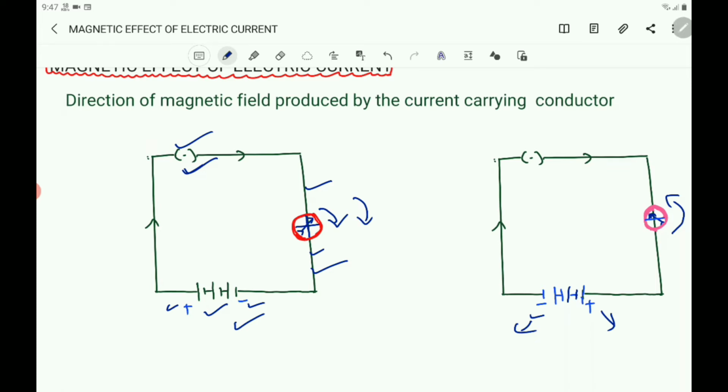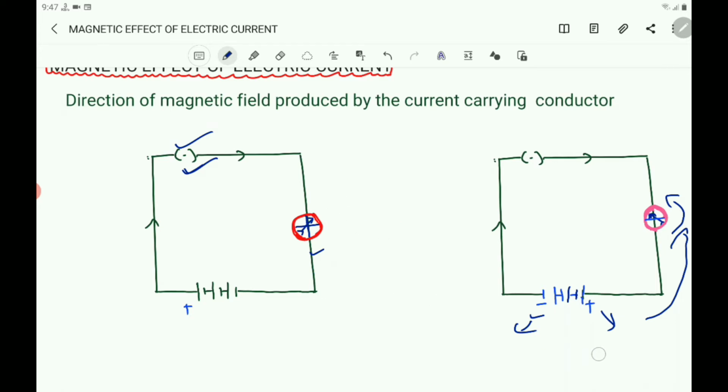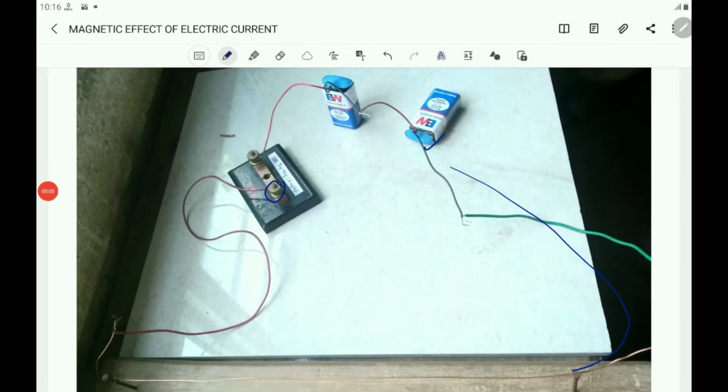You know that current always flows from positive end to negative end. Here the deflection is in this direction. In this case, the current flows from the other direction, and the direction of the deflection also changes. So as the direction of the current changes, the deflection of the compass needle also changes.